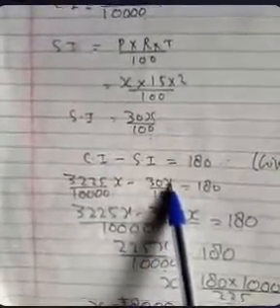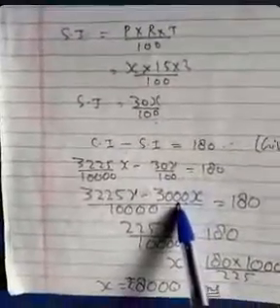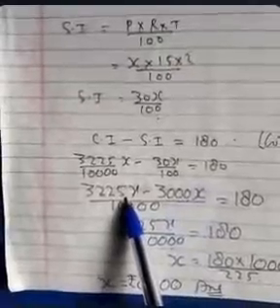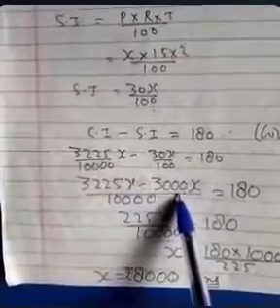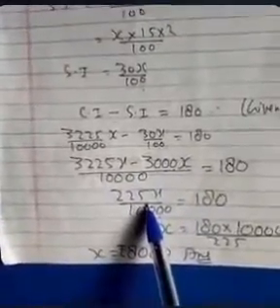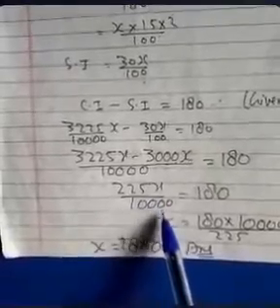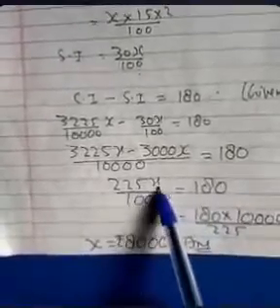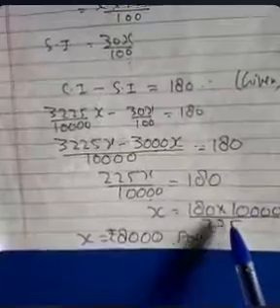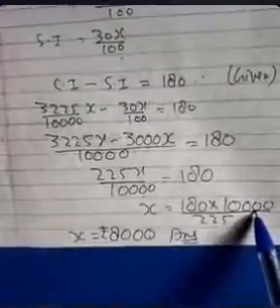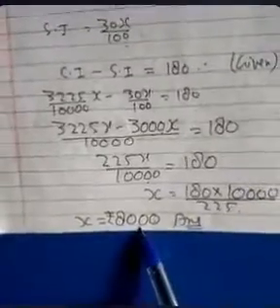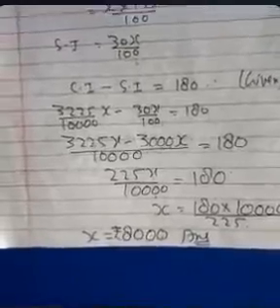Now 100 multiplied by 30 is equal to 3000. 3225 minus 3000 is equal to 225x upon 10,000. 10,000 goes to the numerator and 225 goes to the denominator. Multiply and then divide. Then the result is rupees 8,000.